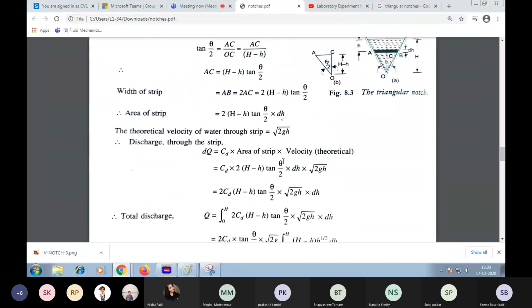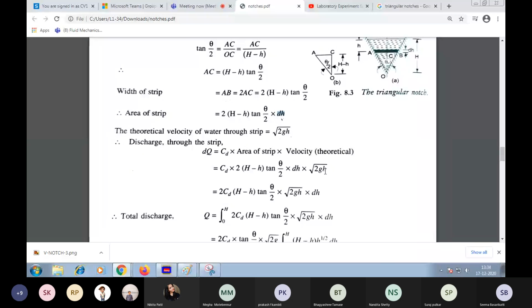So go on equating the value here: dQ is written as CD into area of the strip into theoretical velocity. So CD into 2(h minus h tan θ/2) dh multiplied by the theoretical velocity, square root of 2gh.